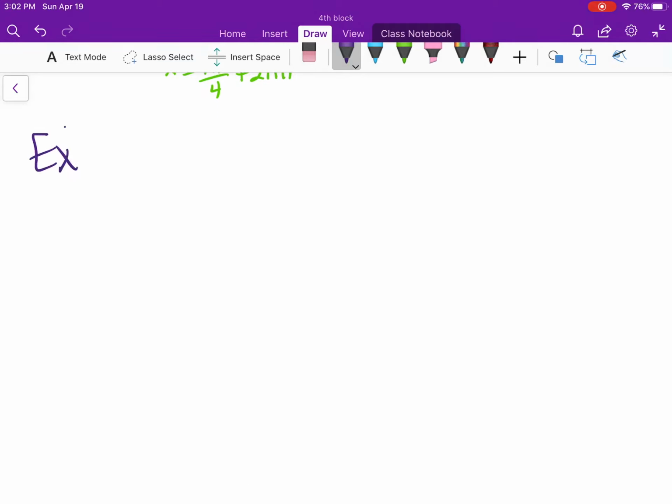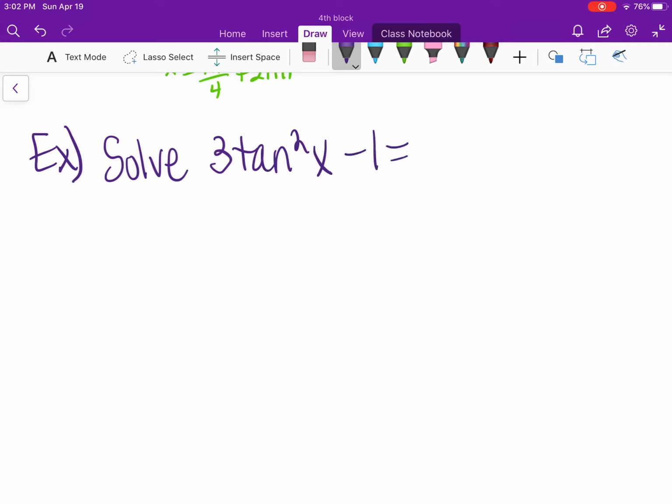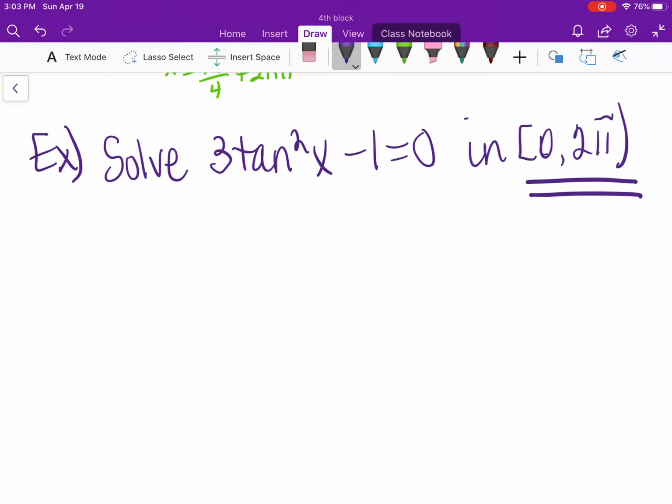Okay, next example. This time we want to solve 3 tangent squared x minus 1 equals 0 in the interval 0 to 2 pi. Now, most of the problems are going to say this. That just means that you don't have to take into consideration all those coterminal angles.